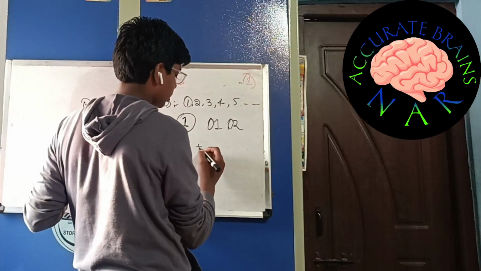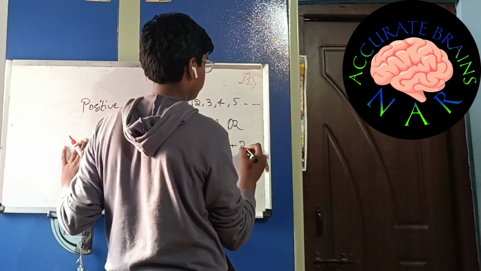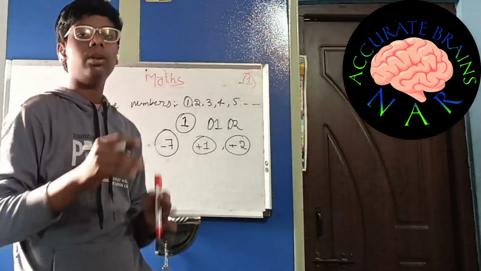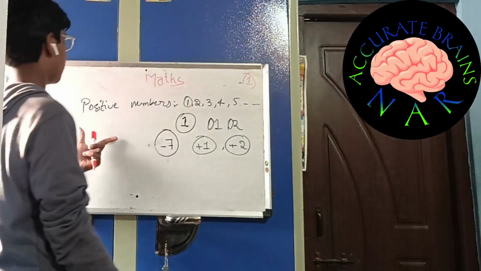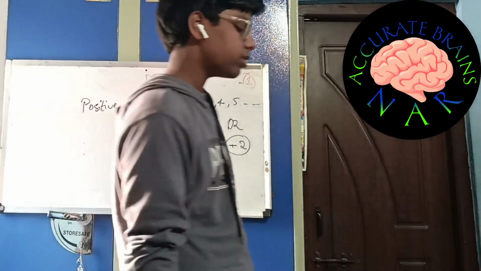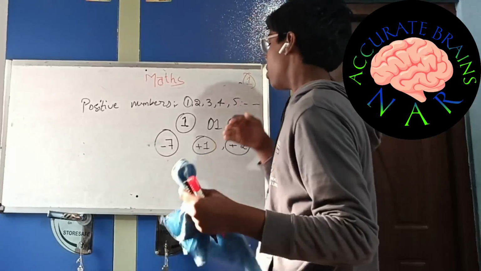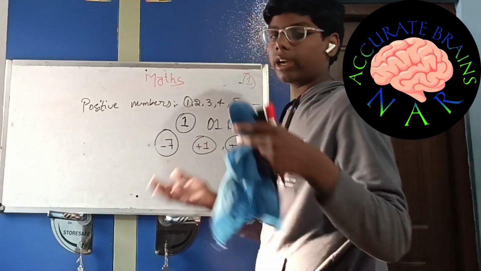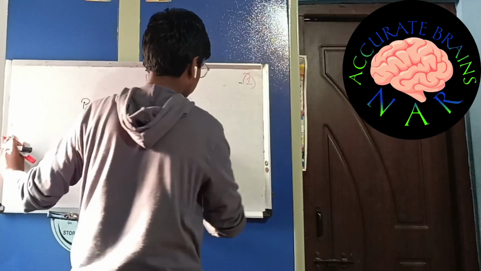So we consider them as +1 and +2. If there is no sign in front of any number, that is considered a positive number. So the positive numbers topic is finished. In integers, positive numbers are nothing but the numbers which have a plus sign or no sign in front of them. So positive numbers are clear.